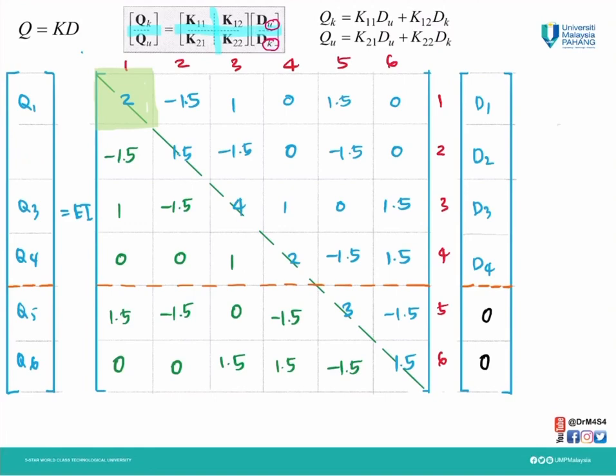So Q2 is -5. Q1, Q3, Q4 are 0. Not to forget the vertical line to split between unknown and known. From here, 1, 2. So here is the vertical line.